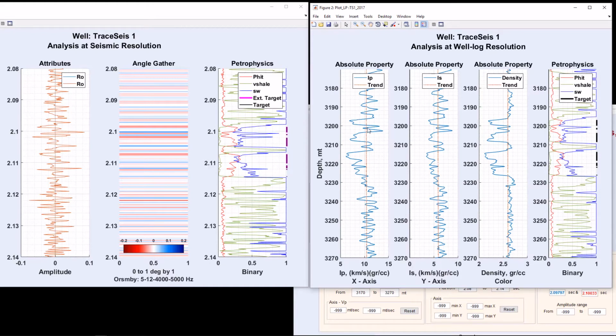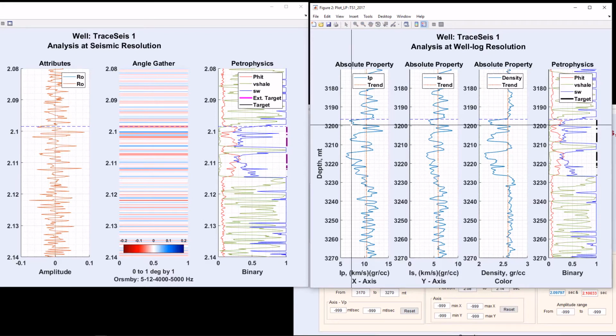Now what we want to verify is that a decrease in impedance corresponds to a negative value or to a red color, and an increase in impedance corresponds to a positive value or to a blue color. So we're going to start doing that. This is a decrease in impedance, the top of the reservoir. It goes to a negative value, red color.